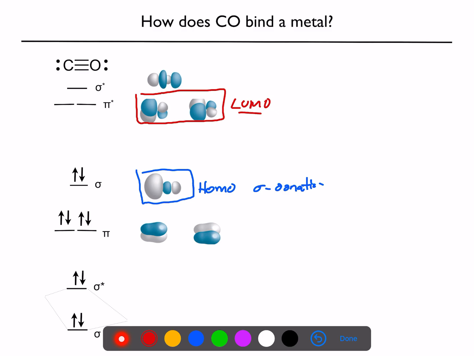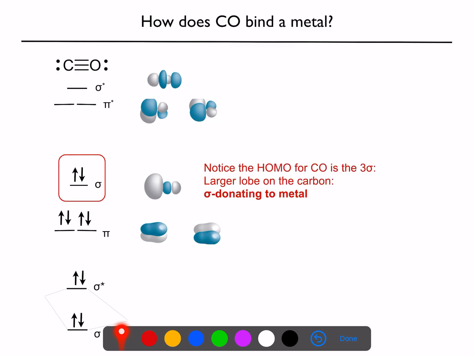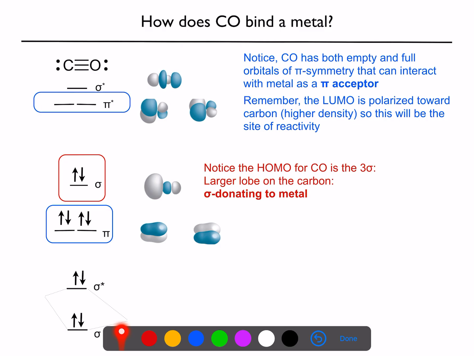So the metal actually back donates into this LUMO of carbon monoxide. Here's our HOMO, sigma donating from the lobe localized on carbon, and then we can pi accept into the pi star, into the lobe, again localized on the carbon.